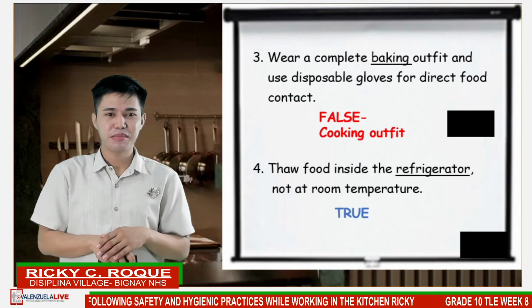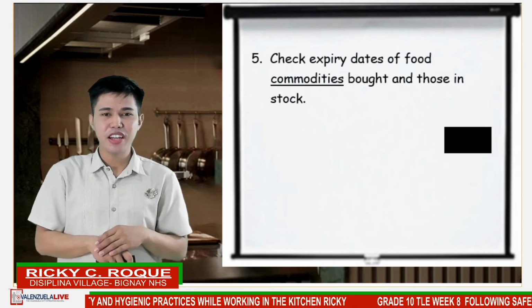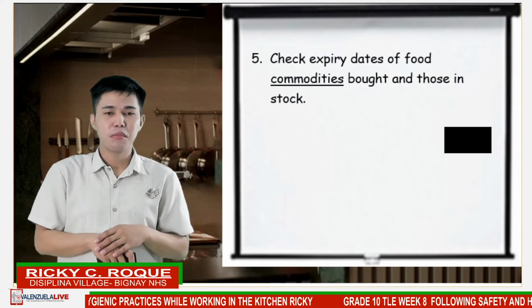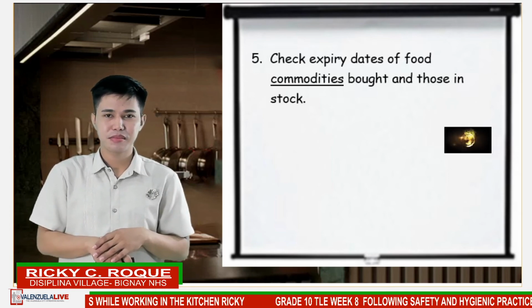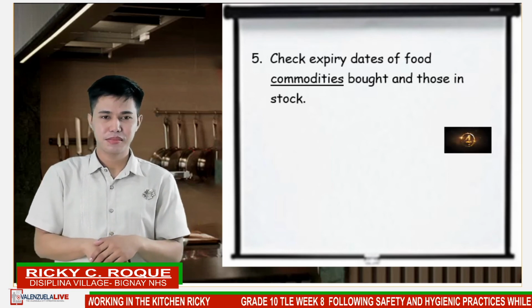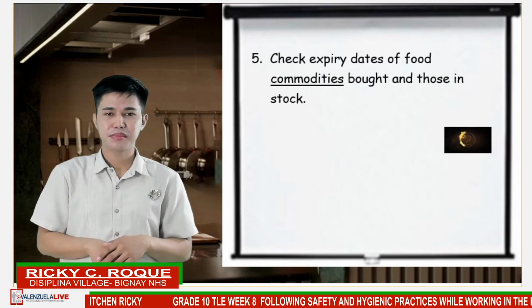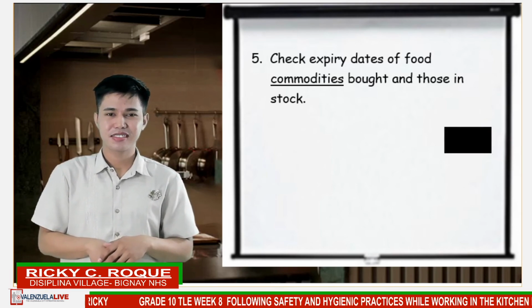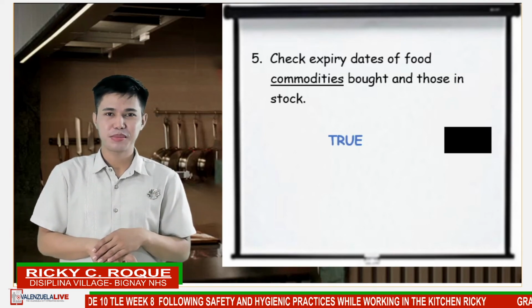Number 5. Check expiry dates of food commodities bought and those in stock for 5 seconds. Perfect. The answer is true.